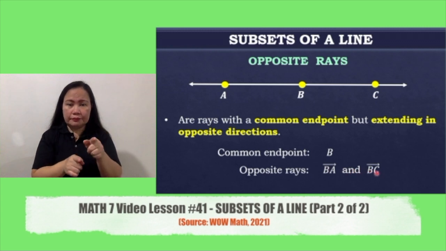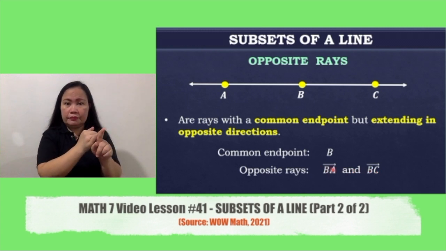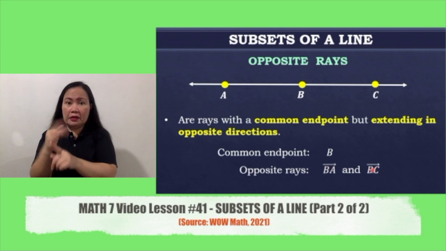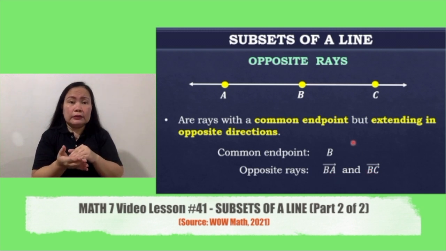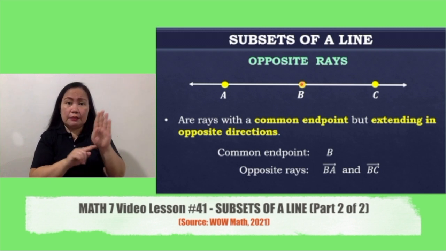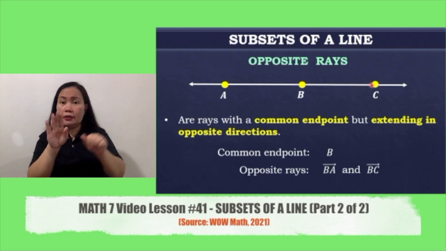Now, halimbawa ang sagot mo is ray BA and ray CB. That is wrong. Okay? Kasi nga po, dapat yung common endpoint yung laging nasa unahan. Kasi yun yung pareho nila eh. So, extending in opposite direction. So, kung meron kang ray BA and then ray CB ang ginamit mo, ibig sabihin, wala silang common endpoint.